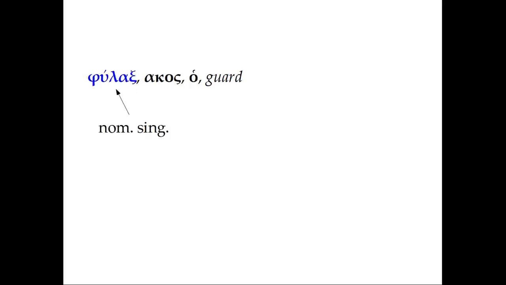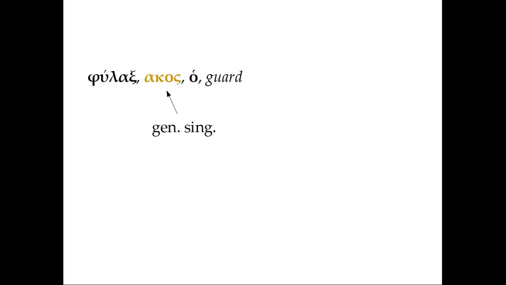As usual, the first thing that we see in the lexical entry here is the nominative singular. That's what we'd expect. But here we get an additional piece of information. It's actually going to be the genitive singular form, really the genitive singular ending, along with the new stem that we see. So this akos is short for phulakos.